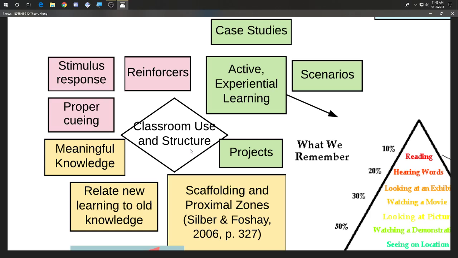So how do we use behaviorism in the classroom? For our base level rote, memory, recall, or task performance types of learning or skill acquisition, as a special educator, we use this a lot in functional skills, like life skills and things like that. In academic skills, it could be memorizing vocabulary words. It could be letter identification, number identification.